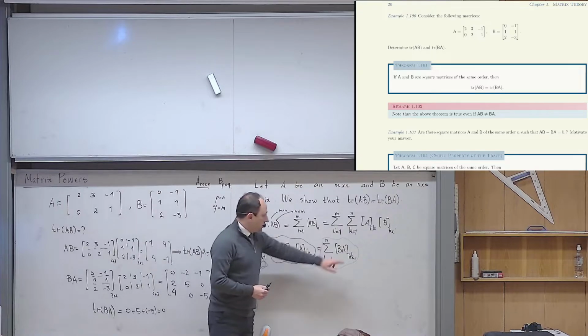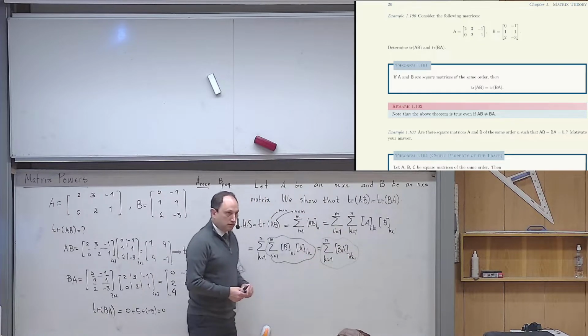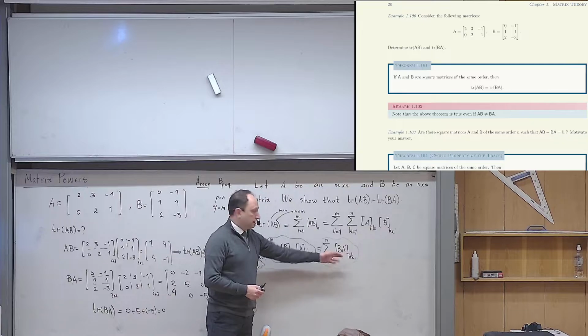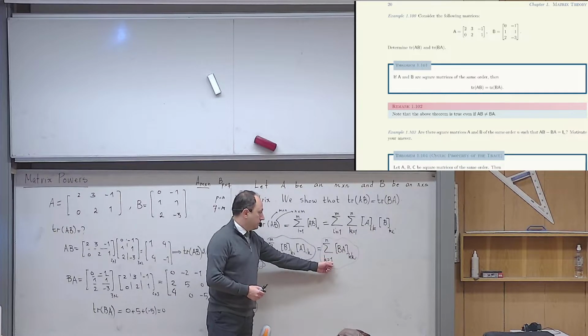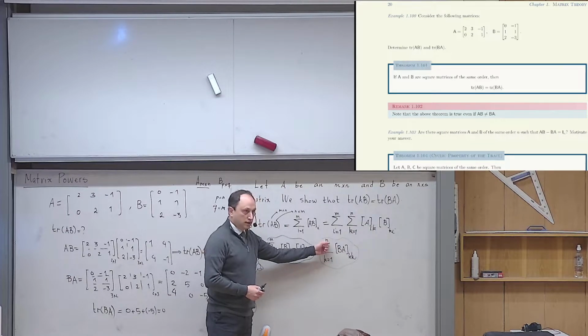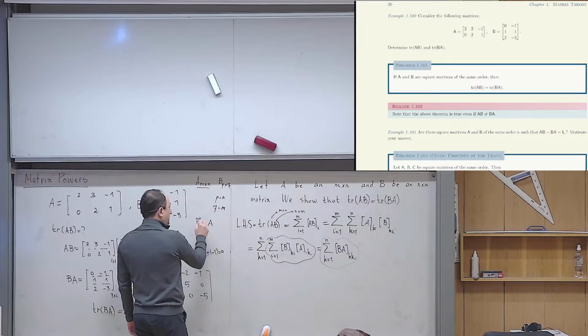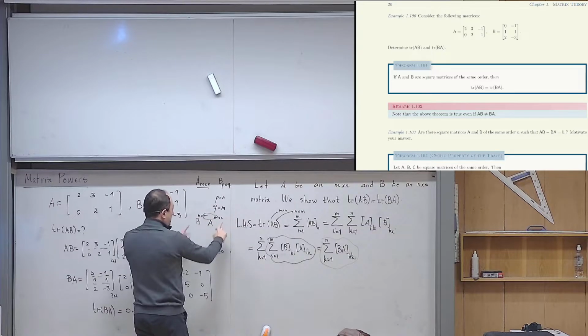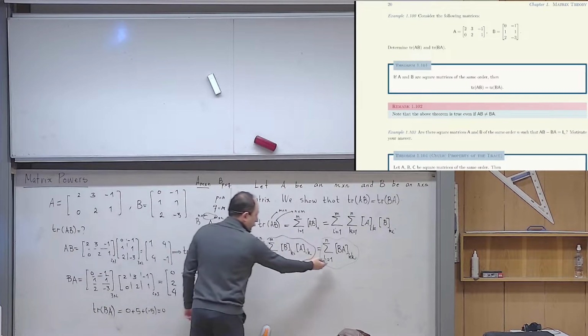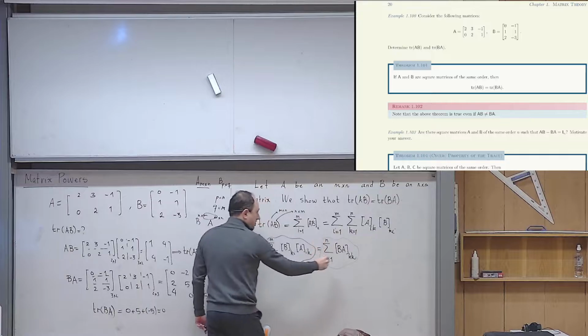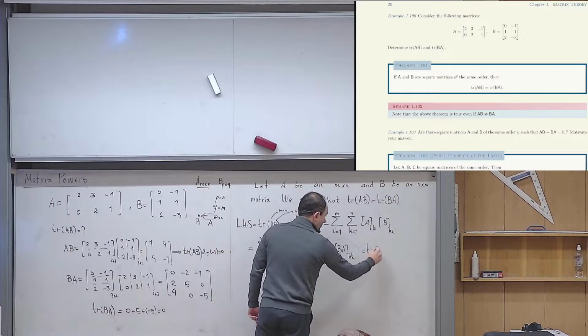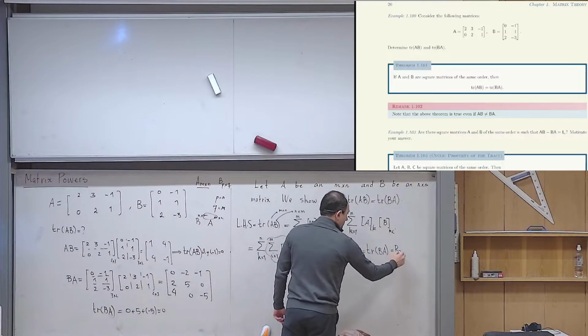Because KK means you are working on the main diagonal of this matrix BA, and then you are adding them from the first entry to the nth entry. And that's exactly correct, because if you multiply B by A, B is n by m, A is m by n, so really it is true that the BA matrix is n by n, and then you're running it from the first to the last, so this becomes exactly equal to the trace of BA, and that is exactly equal to the right-hand side.